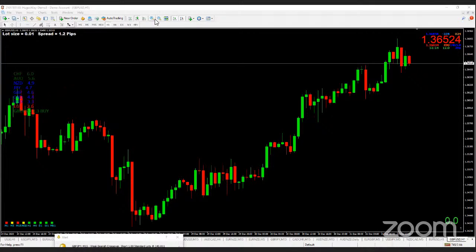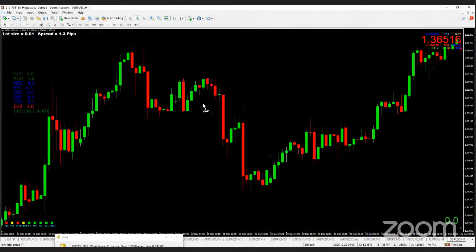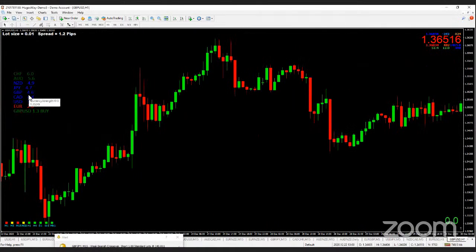And of course, we have the one we're going to be looking at today, at the top left-hand corner, the currency strength meter. We also have the generational wealth traders lot size calculator. These are the indicators we have here, but I'm going to be focusing on the currency strength meter. I will touch on the trend meter as well.